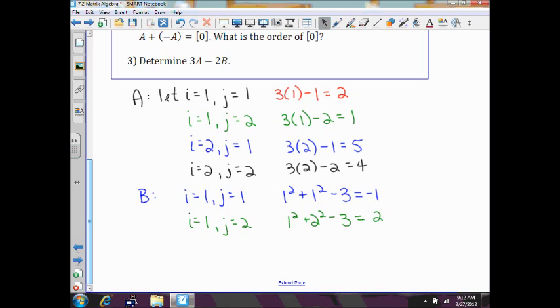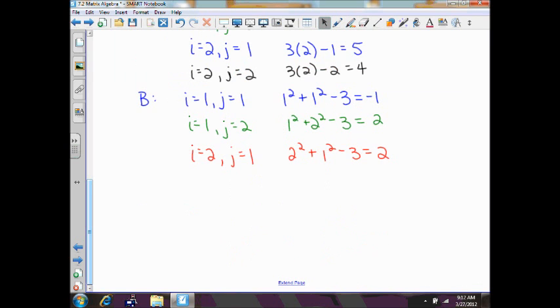Minus 3 is 2. Moving down to our second row, first column, we're going to have 2 squared plus 1 squared minus 3. Pretty much the same thing as before. That'll also give us 2. And then second row, second column, 2 squared plus 2 squared minus 3. It'll be 4 plus 4 is 8, minus 3 is 5.